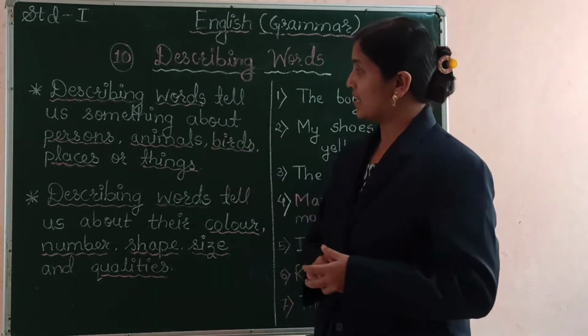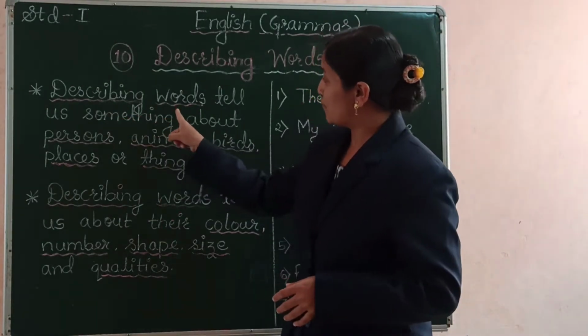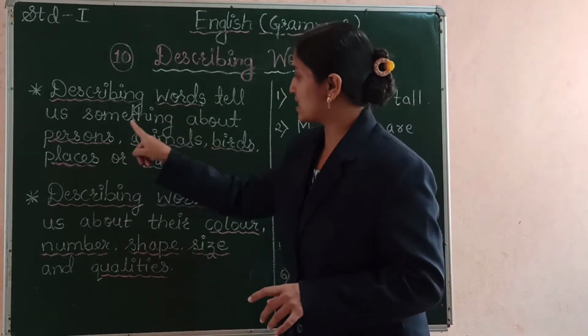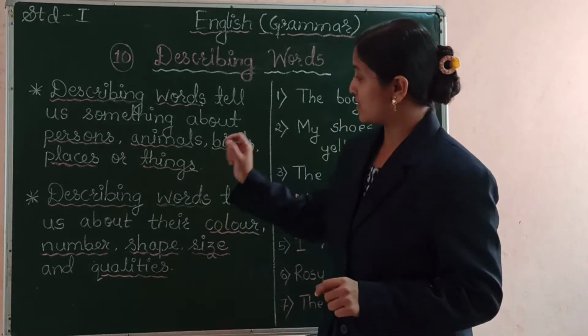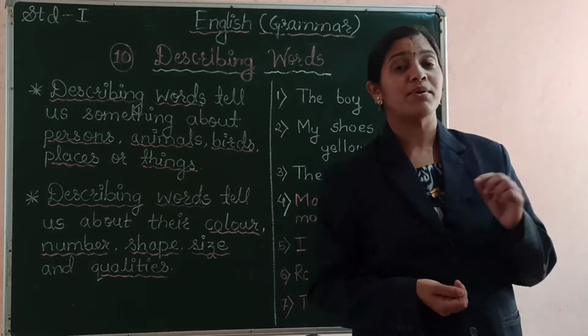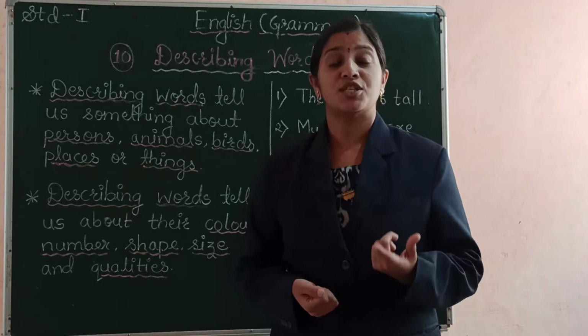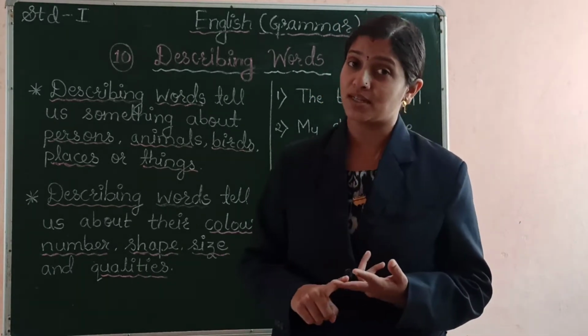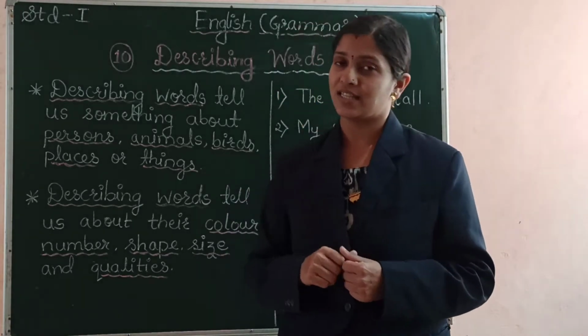Here you can see, describing words tell us something about persons, animals, birds, places or things. So, describing words are the words which tell us about persons, animals, birds, places or things.